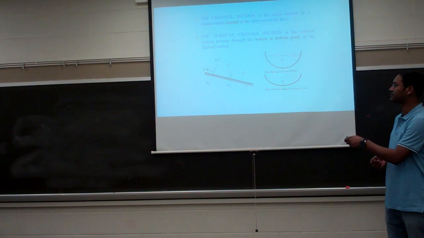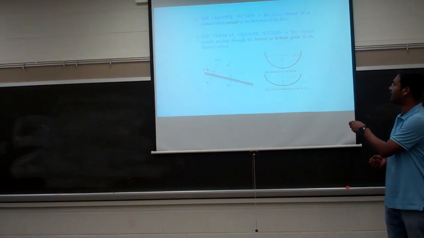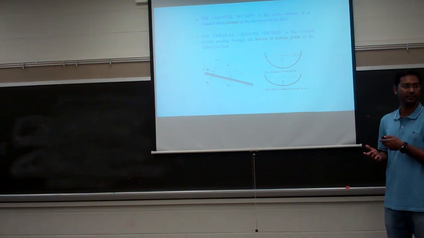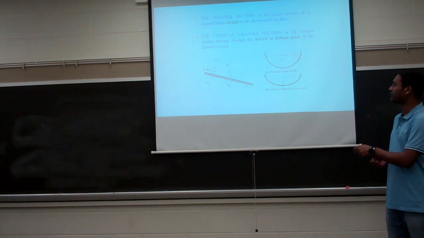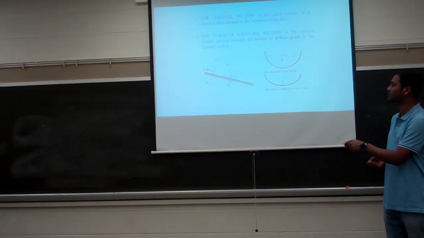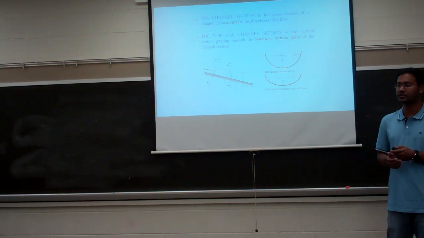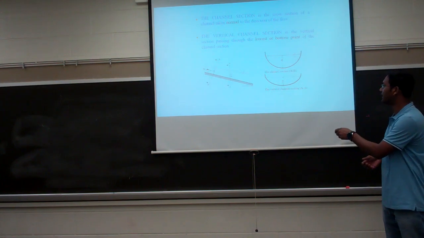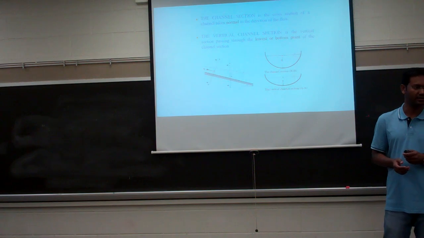If I take a section BD, which is perfectly normal to the direction of flow, we'll have this type of shape. So this is called channel section. And if I take only the vertical section, which is the direction of gravitational force, we'll have this AA section. So this is called vertical channel section.